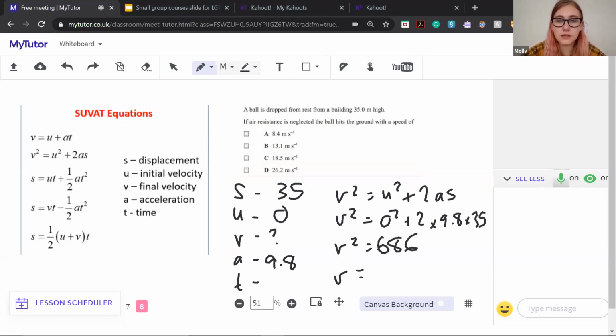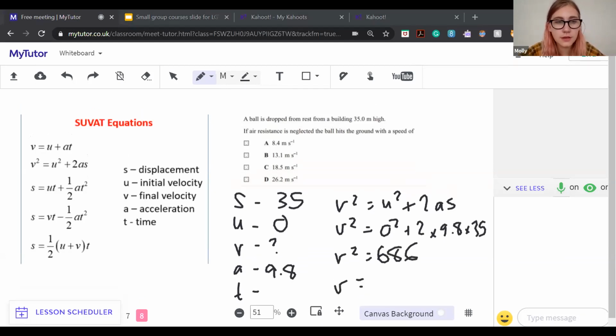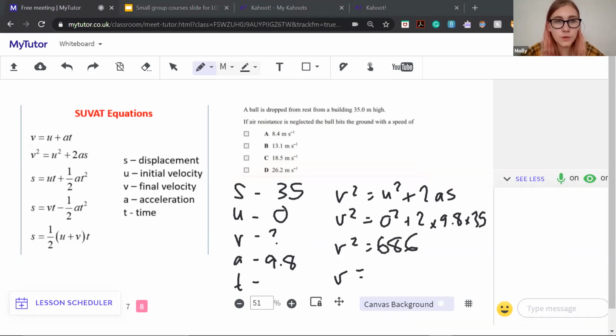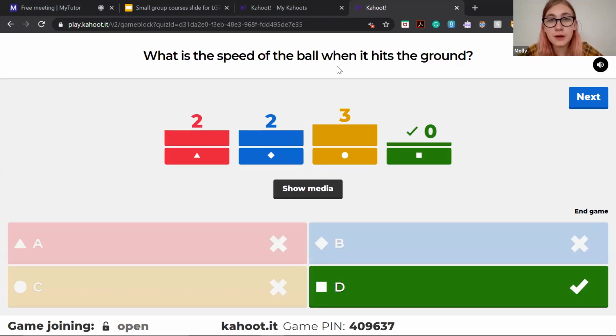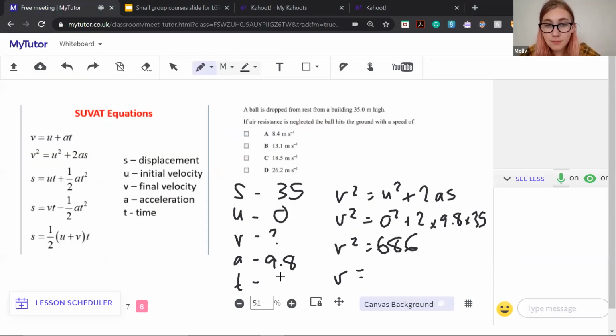So V is the square root of that. 26.2. Yeah, so hopefully you can see where that comes from now. Let me know if you still have any questions about that. That was a hard question, but it's just a case of filling in what we know and substituting it into the equation that we choose here. So let's have a look at our final question.